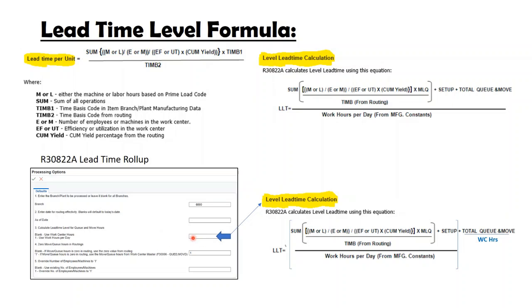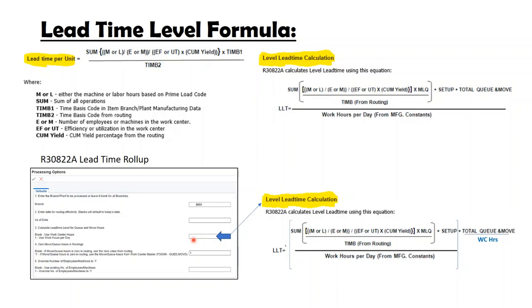This processing option, where it says don't use the manufacturing constants per day, but use the work center's hours per shift, means that when this processing option is blank, this is the formula used for lead time level.